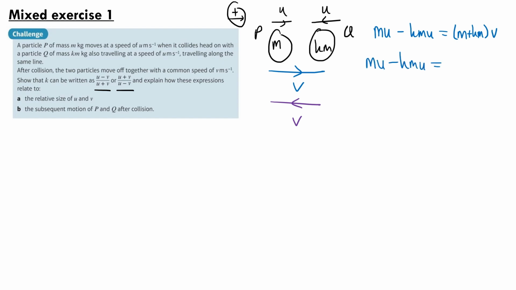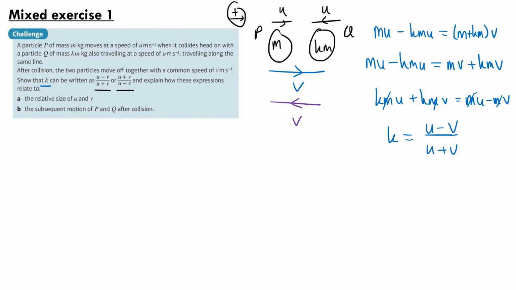We can expand the right hand side, and remember we're looking for an expression for k, so if we move all the terms with k to one side, kmu plus kmv is equal to mu minus mv. Then we can cancel out the m's, and factor out k from the left hand side to give us k equals (u minus v) over (u plus v). So that is the first expression on the left sorted.